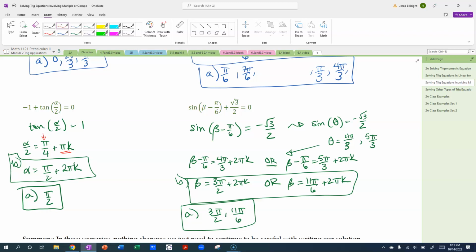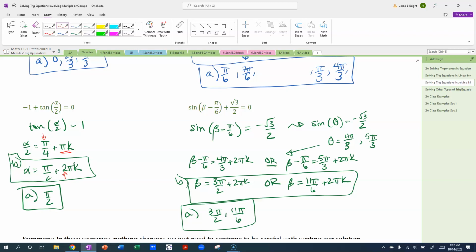So you could do it, but it's redundant. So here we go. Isolate alpha, multiply by 2 to every single term. You have to remember to include the multiplication by 2 on the pi k. And then you get your answer for all possible angles.